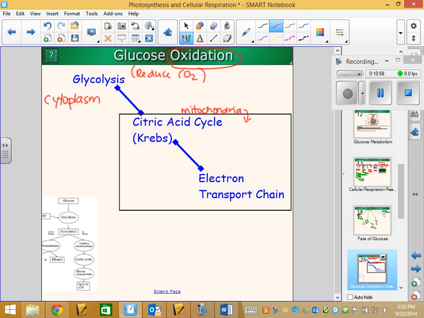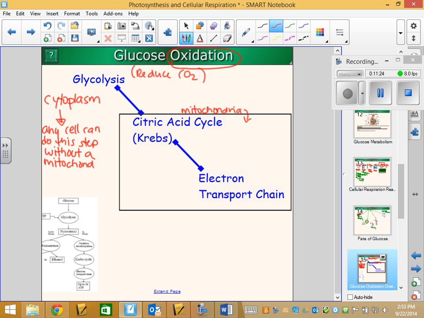Now, what does that mean? Well, it means that you don't have to have a mitochondria to do that step. So this means that any cell can do this step without a mitochondria.